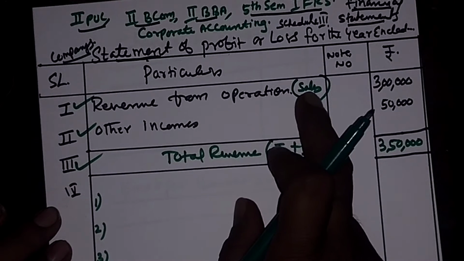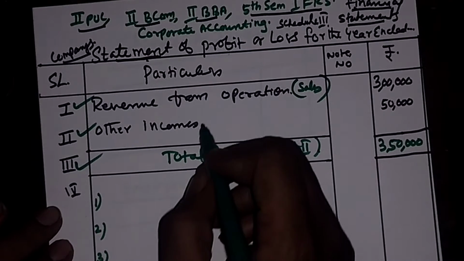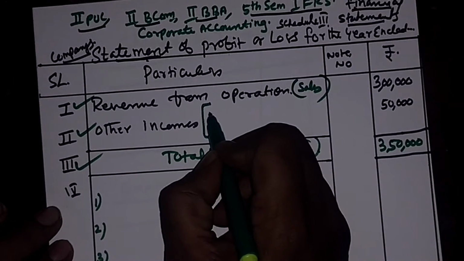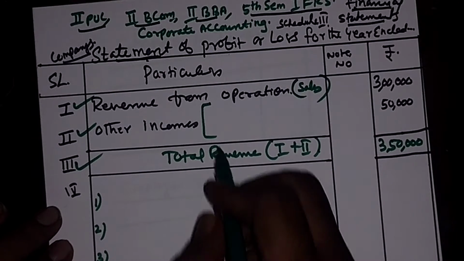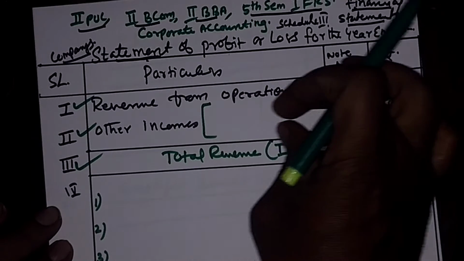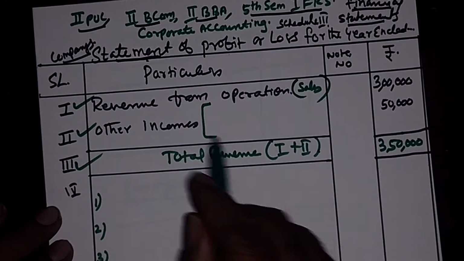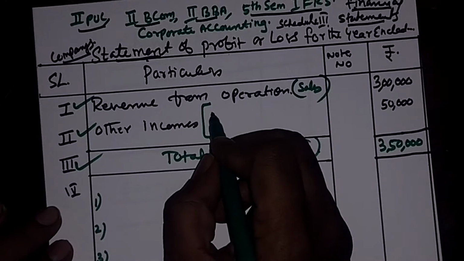What is this revenue from operation? Sales. What is this other incomes? This other income is, for example, profit on sale of asset. For understanding purpose, I will write it here, but actually these entries will not appear here. Since this is the explanation, I will write it here again. What are these other incomes?